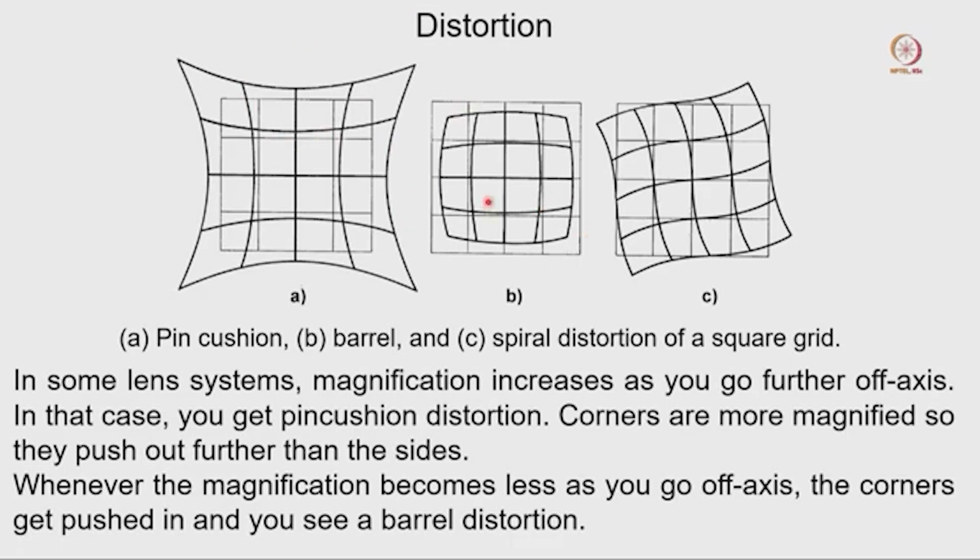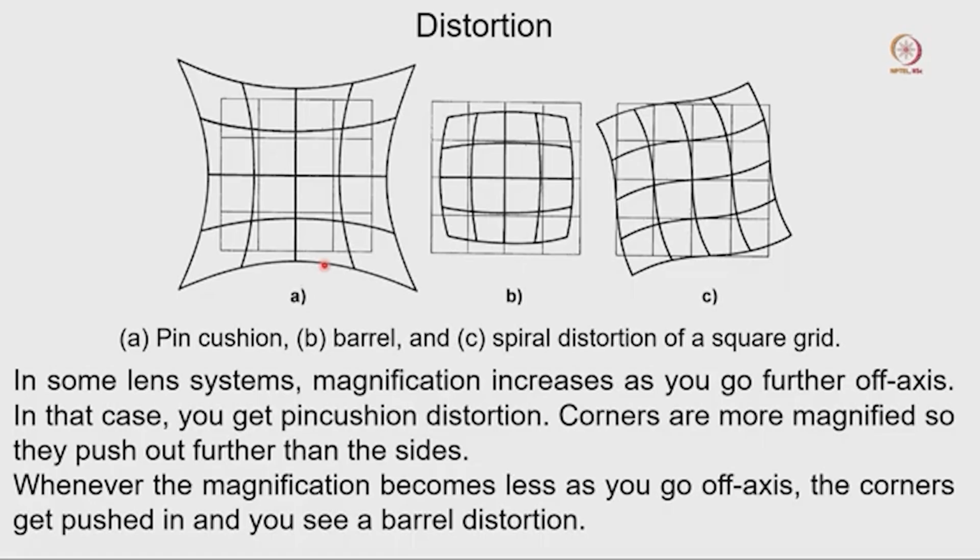The same kind of problem you will get in barrel shape or spiral distortion. So if we want a perfect imaging system, most of the time it is better to align the microscope properly. The electron beam should come through the optical axis.